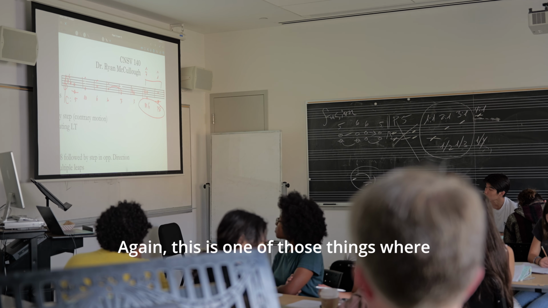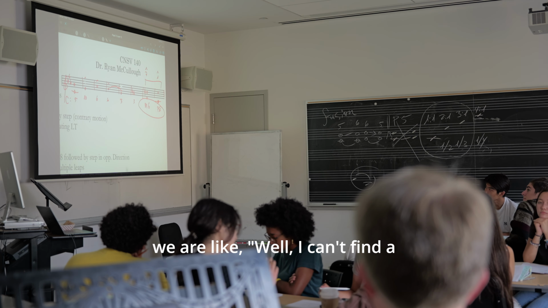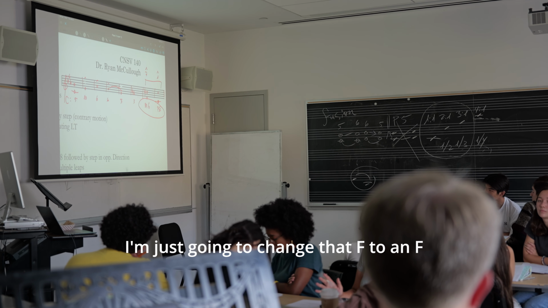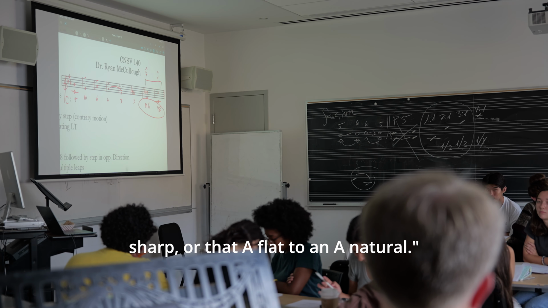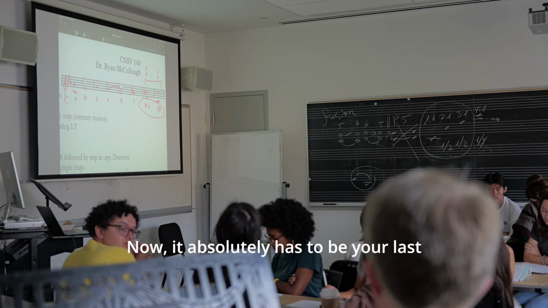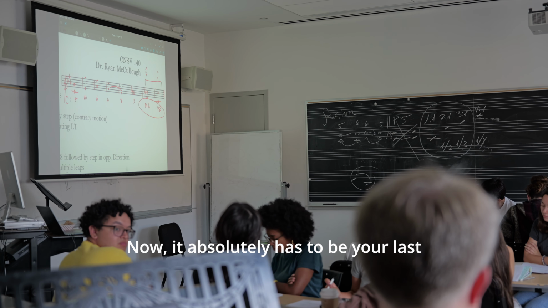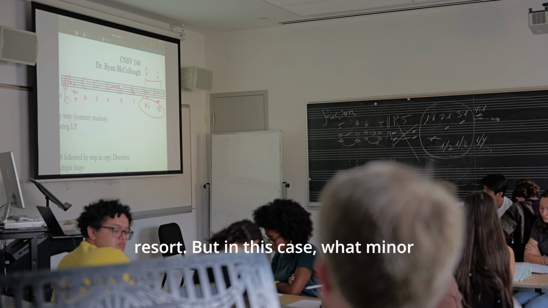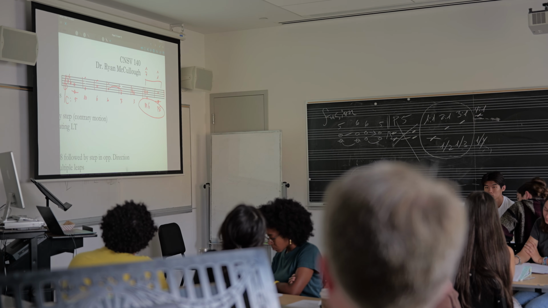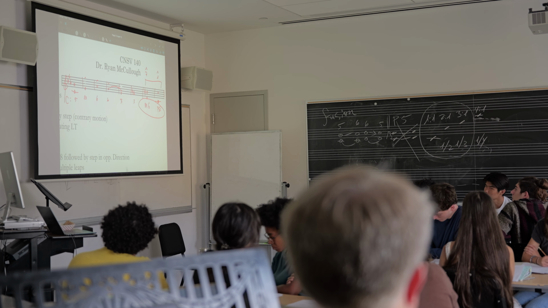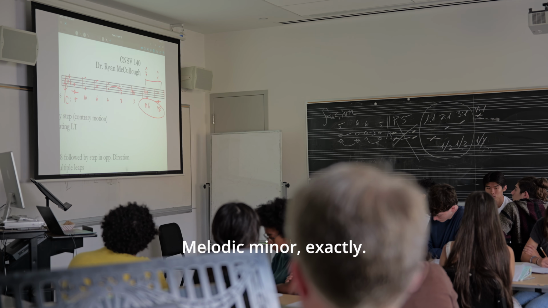Again, this is one of those things where you're like, I can't find a reasonable way out of this problem, so I'm just going to change that F to an F sharp, or that A flat to an A natural. Now, it absolutely has to be your last resort. But in this case, what minor scale is this at the end? Melodic minor, exactly.